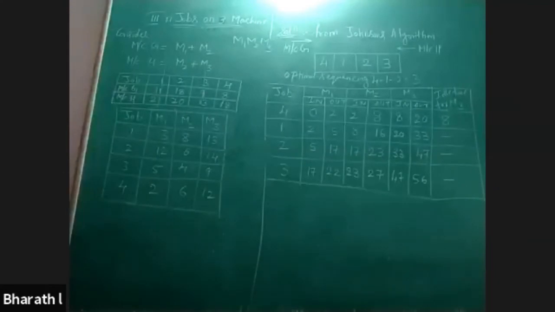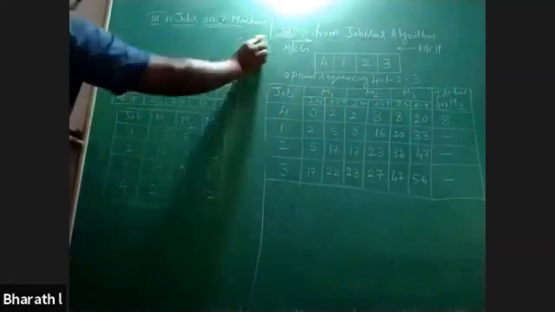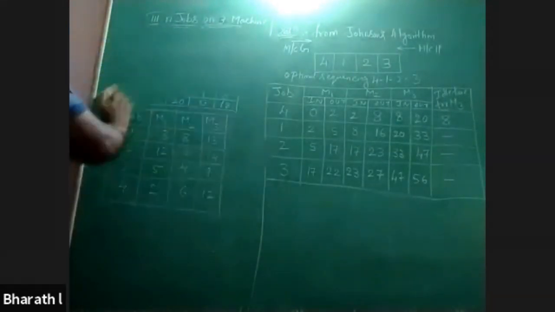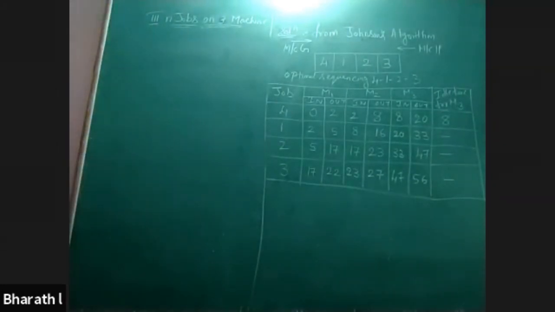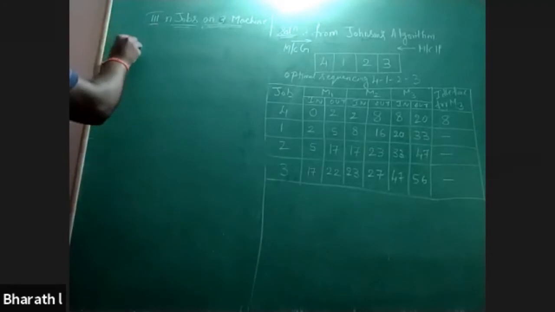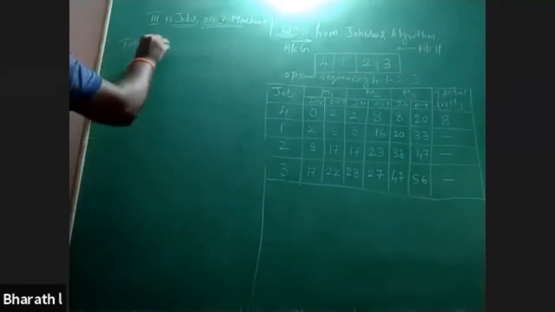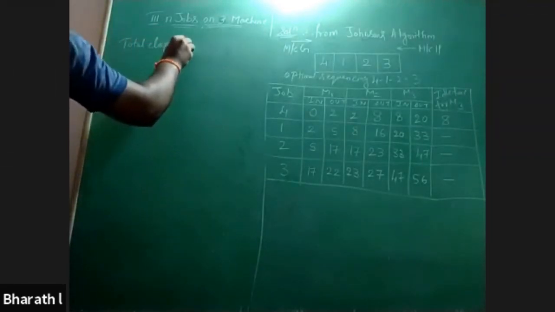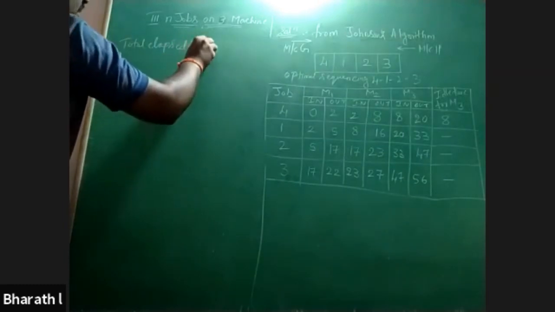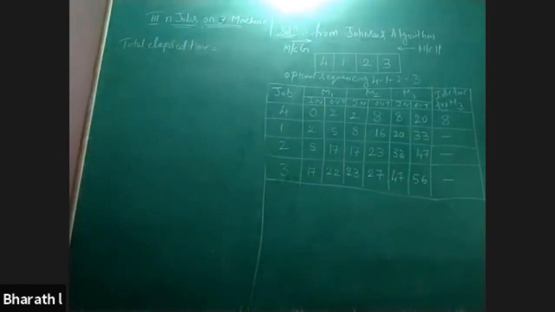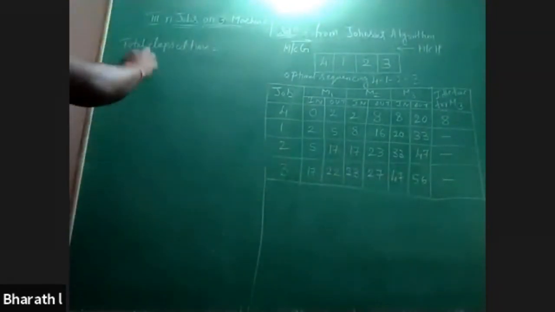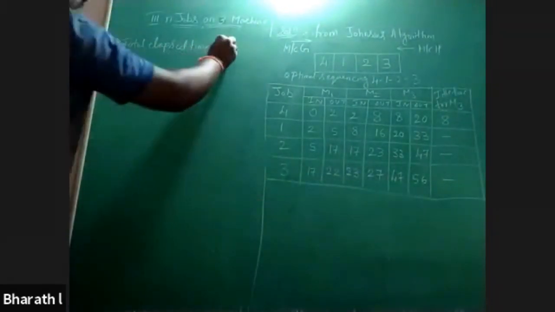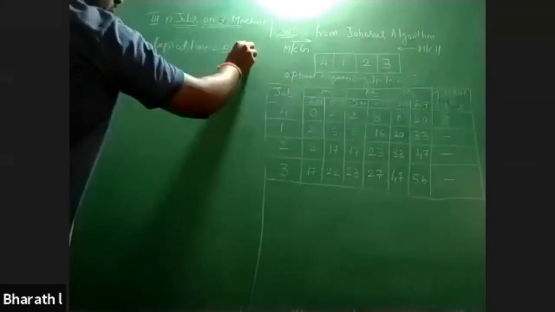The next we will calculate the total idle time, total elapsed time and idle time of each machine. Total elapsed time is for the last machine, the out time is 56, and hence total elapsed time is 56 minutes.